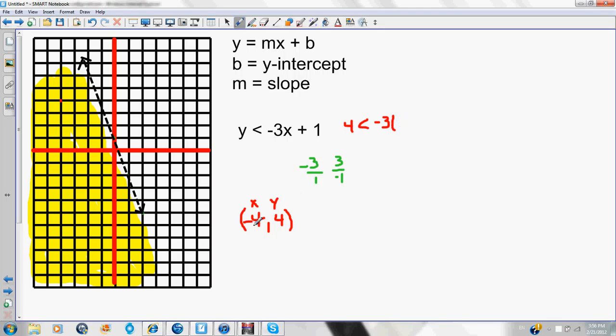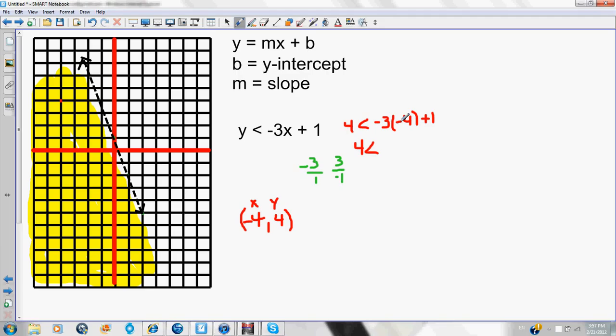This is a -4. So we put -4 here, plus 1. So now we've got 4 is less than negative times negative. That's 2 negative signs.